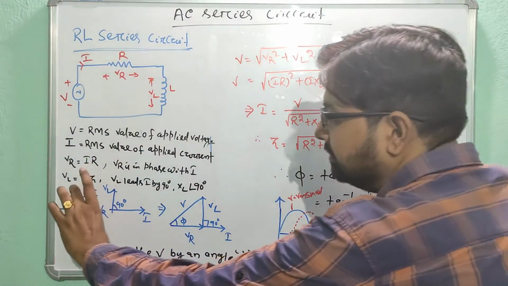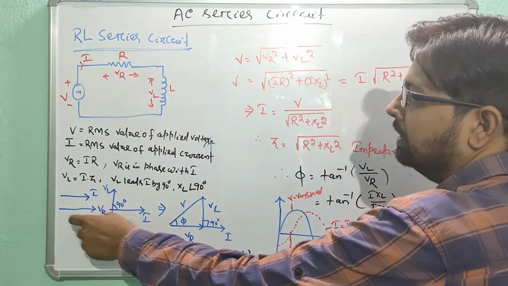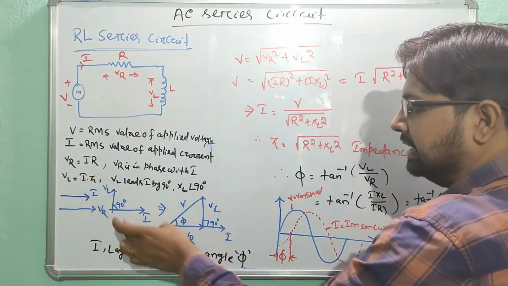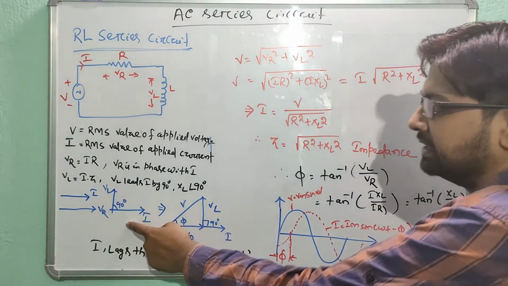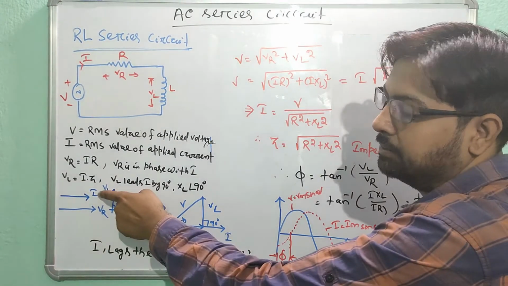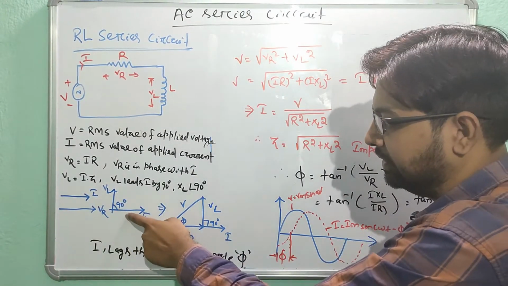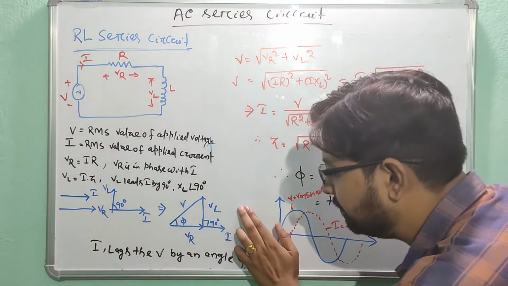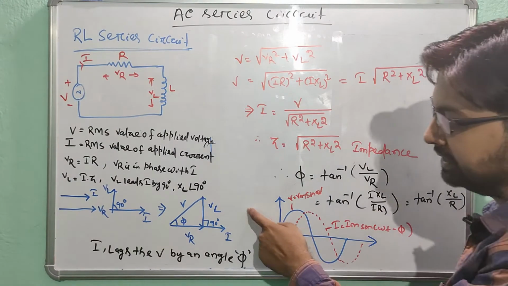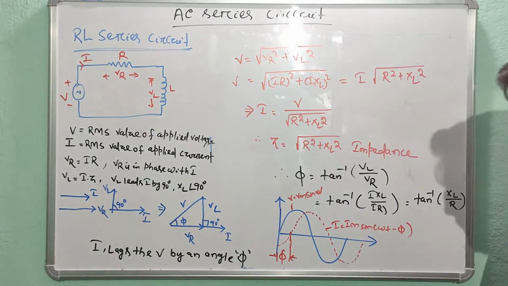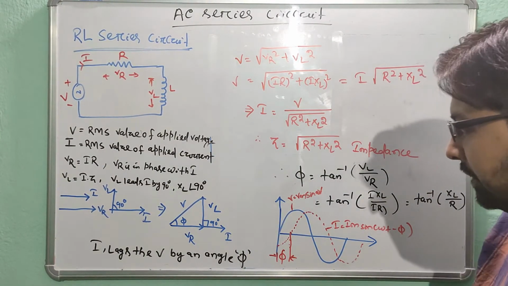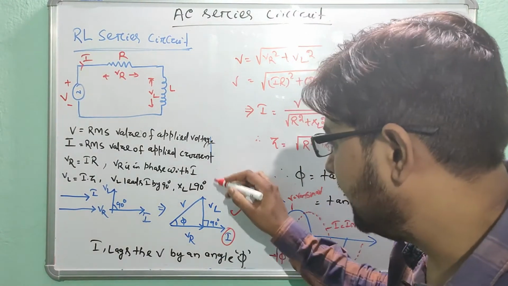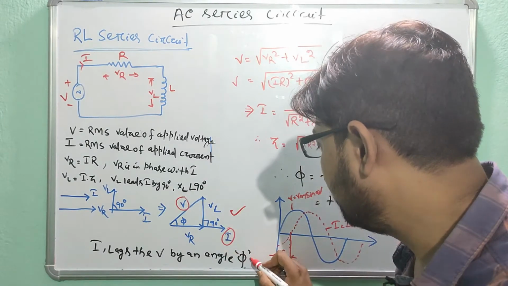So this is my vector representation of the resistance voltage VR and current I. This is my vector representation of current I and the inductance voltage VL, which leads by 90 degrees. Now this is my resultant vector diagram, and you see in this diagram the current I lags behind the voltage V by an angle phi.